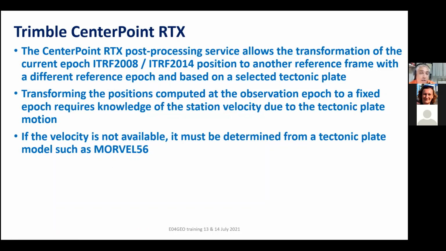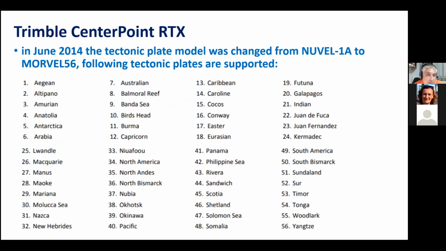So the CenterPoint RTX post-processing service allows the transformation of the current epoch of the ITRF 2008 or ITRF 2014 position to another reference frame with a different reference epoch and based on a selected tectonic plate. So that the transforming of positions computed at the observation epoch to a fixed epoch requires knowledge of the station velocity due to tectonic plate motion. If the velocity is not available, it must be determined from a tectonic plate model, such as MORVEL 56, which is implemented in RTX.